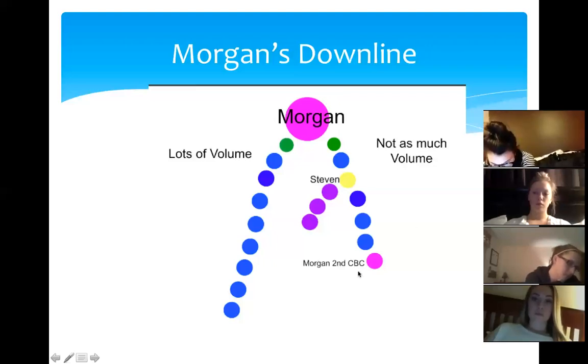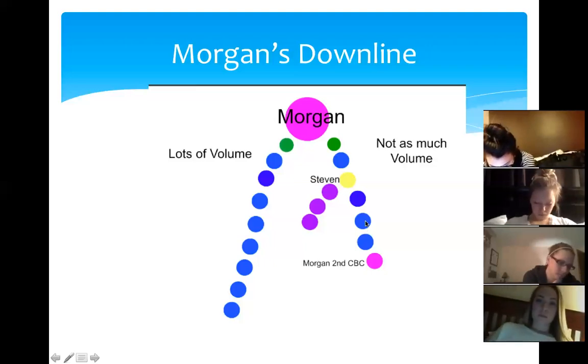Then when I opened up a second business center, I put it down here. I probably shouldn't have. I would have put it underneath my purples, because Steven's legs were equal. And at the time I thought, oh no, I have to grow a strong leg for Steven. So I was going to put it under here, and this would be his strong leg, because when these coaches add coaches, they keep going as well.